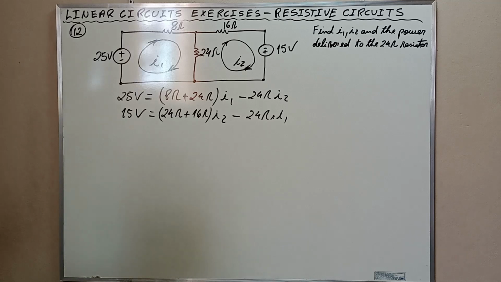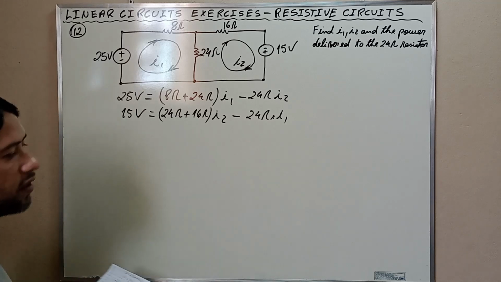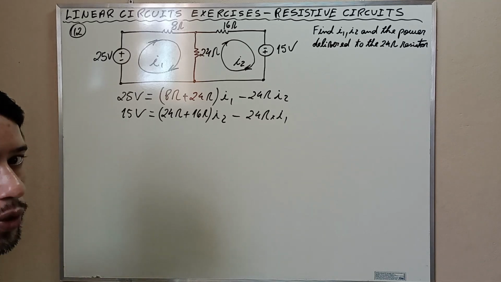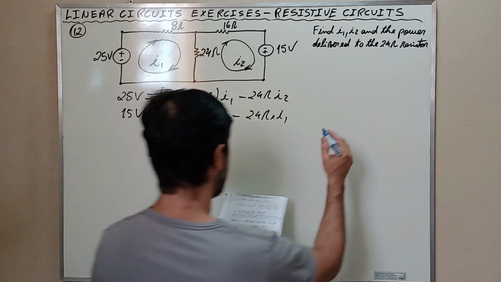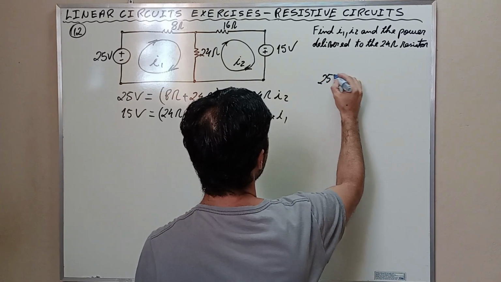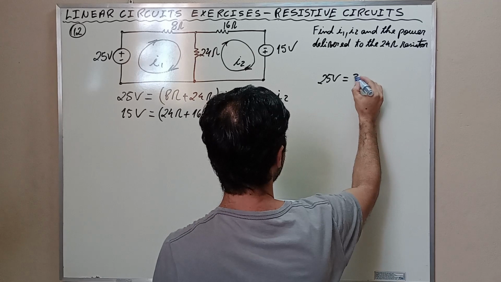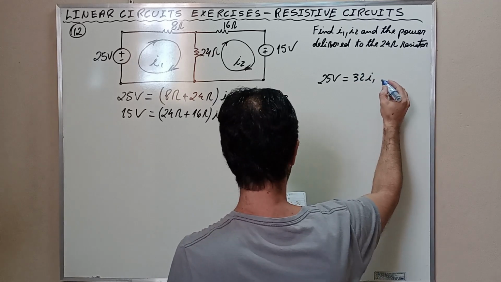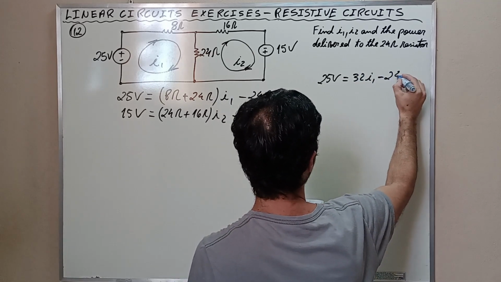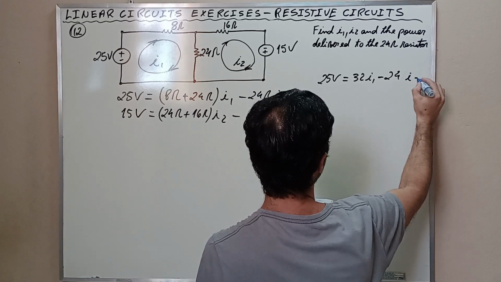And we are going to simplify. It is easy to simplify, and when we simplify we find that it is 25 volts equal to 32 times I1 minus 24 times I2.